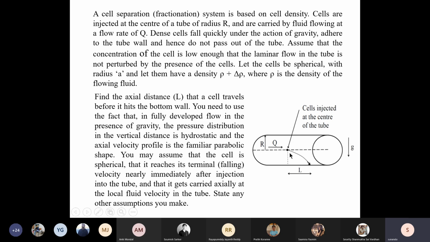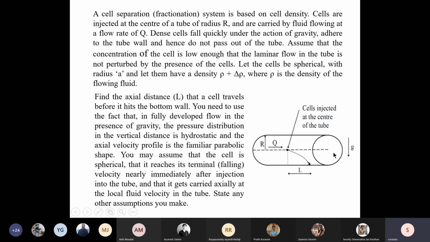So where they are going to get deposited would depend on the density difference between the cells and the liquid, but more importantly on the size. So if you have two different types of cells, or maybe multiple cells of multiple sizes, then some of them are going to deposit on the walls of the tube.